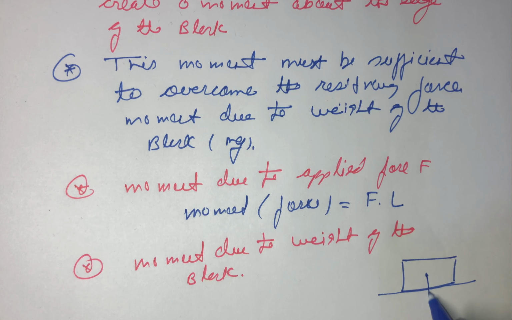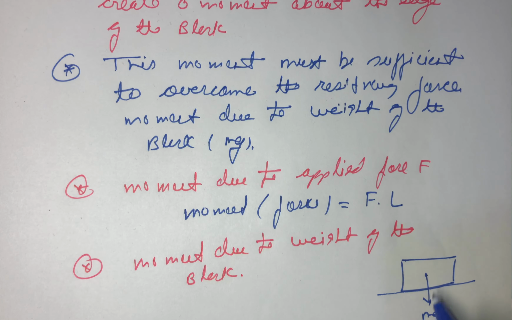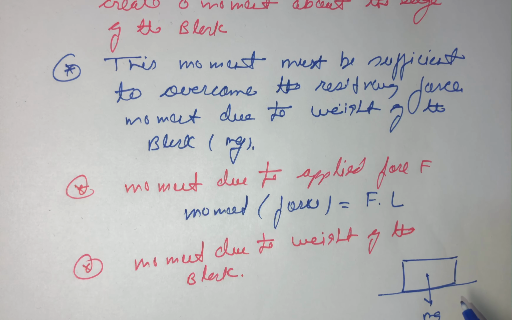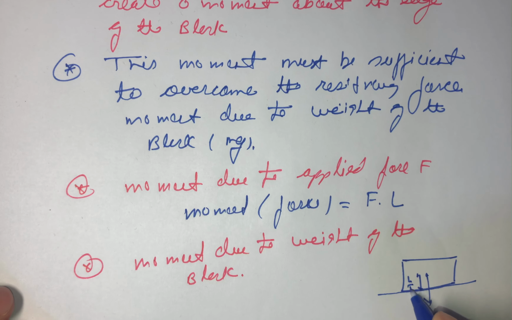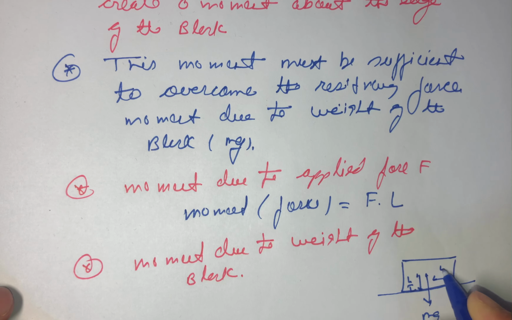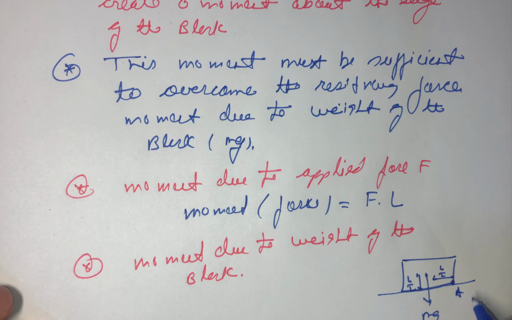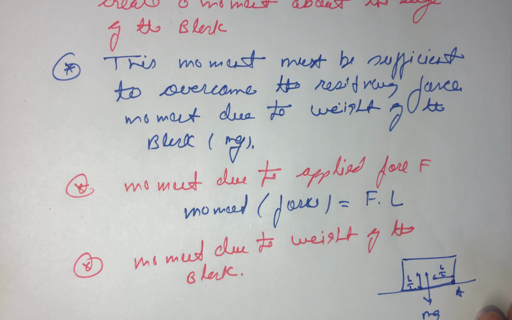So this is our mg, which is acting through the center of gravity or center of mass, and its height will be L by 2, and this distance will also be L by 2, and this is the point A about which it is supposed to topple.